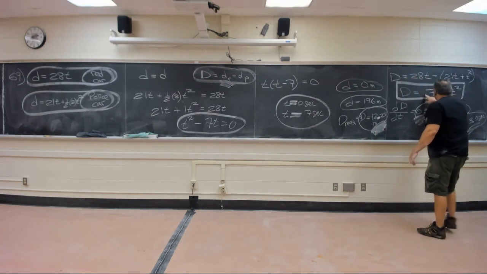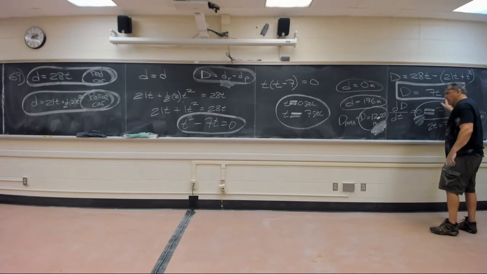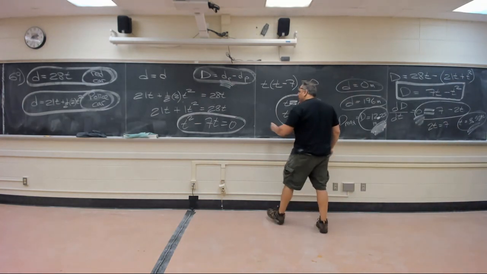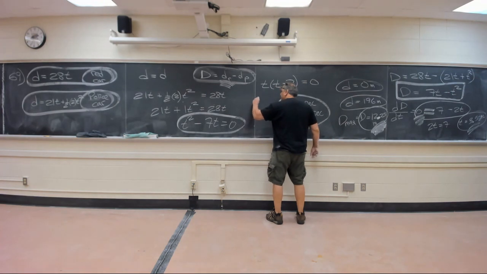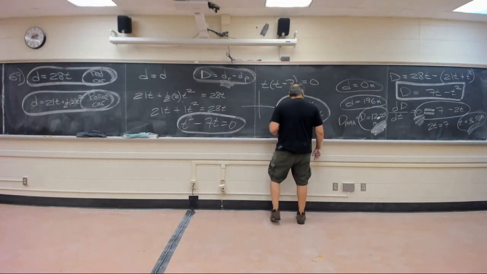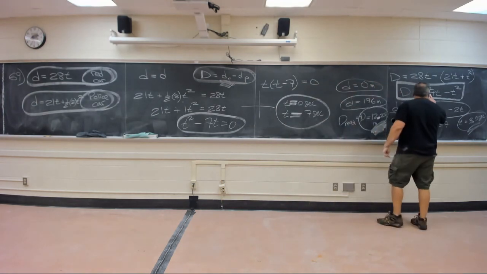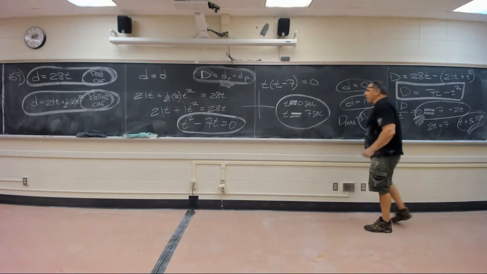If you find the two zeros of the d function, it's looking something like this. Actually, this is significant. 7t minus t squared.